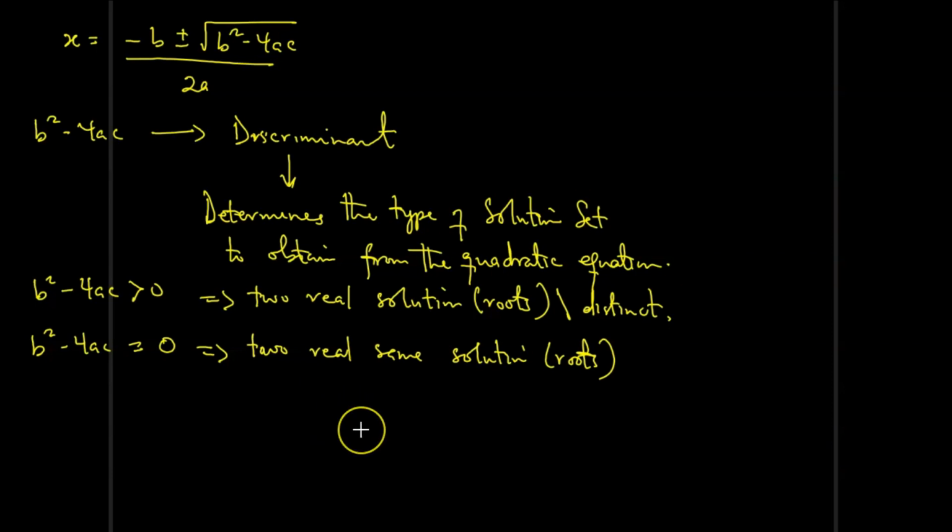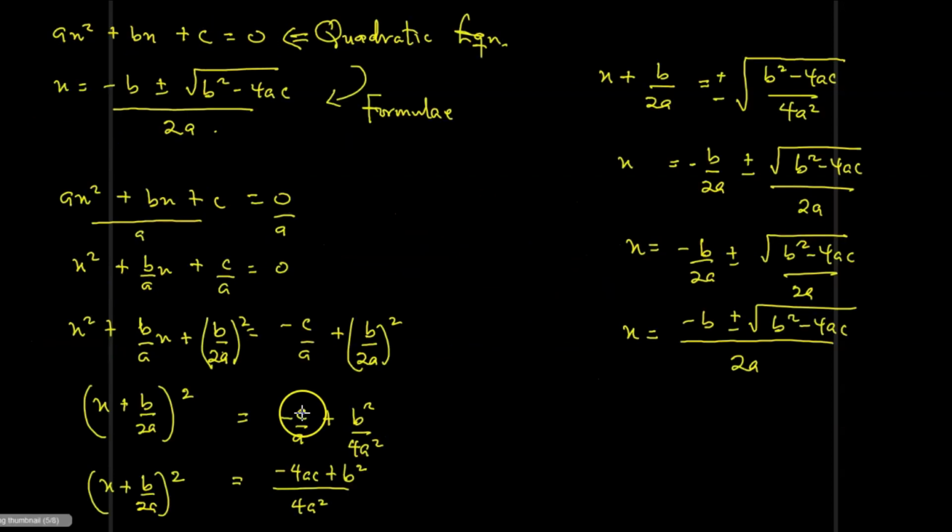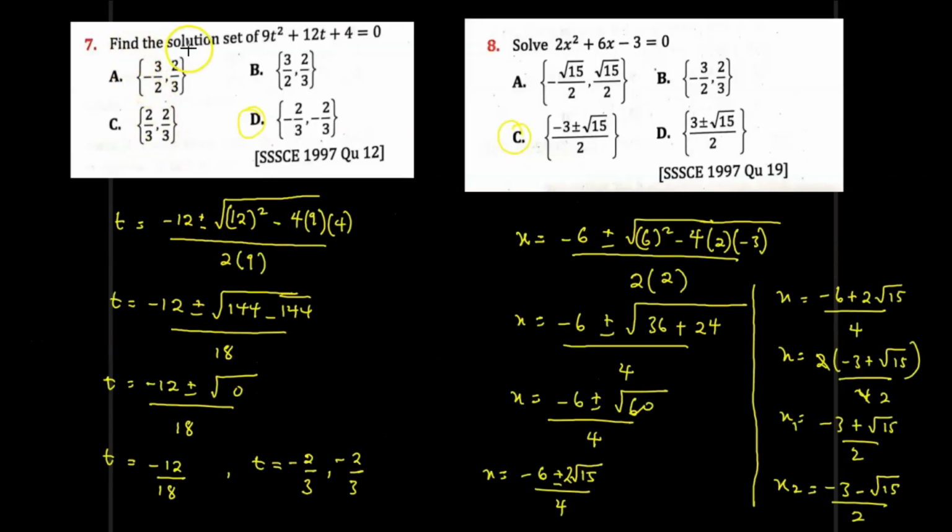And a perfect example is the one we had here. So find the solution set of 9t squared plus 12t plus 4. Now when we worked it out, we had the answer as t being -2 on 3, which is repeating itself. So in other words, this is a perfect example whereby we could have used the discriminant to determine the type of solution we are going to obtain.